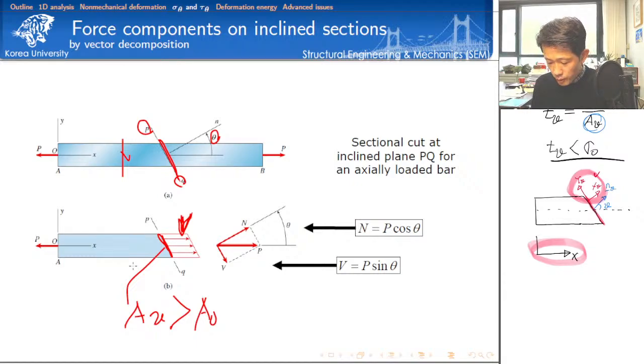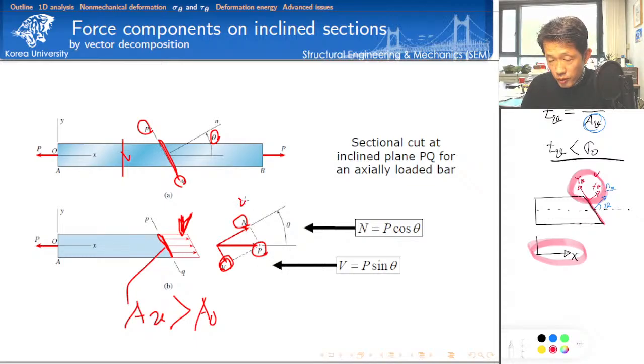To do so, we have to decompose the force. This is the original external force, and we decompose it into two different components: the normal component and the shear component, V. This is nothing but a vector decomposition.